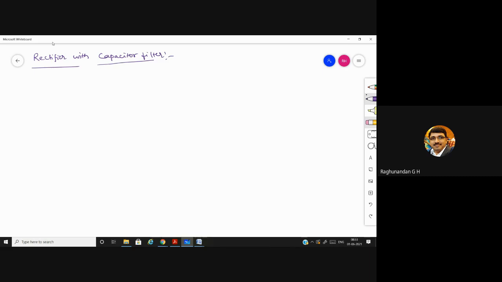And please remember, just to confuse you, they'll ask: find the efficiency of a full wave rectifier with center tap using a capacitor filter. If they ask this question, please remember, I'm telling you again and again, the derivation of the full wave rectifier with center tap, whatever you have now, the same derivation you have to write.